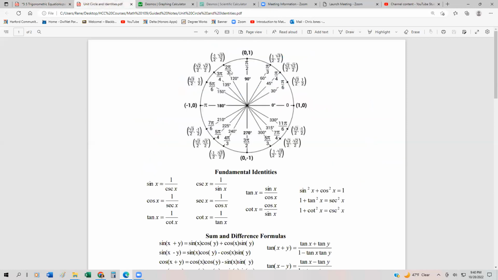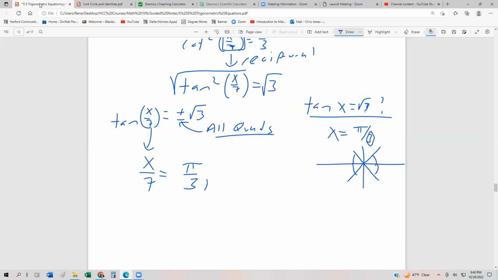In this case, we have 2 pi thirds, 4 pi thirds, and 5 pi thirds. Sorry, I was thinking about that 7 on the left-hand side. So we have 2 pi over 3, 4 pi over 3, and 5 pi over 3.